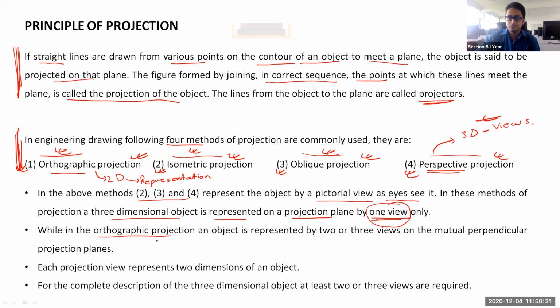While the orthographic projection that we use to draw is represented by 2 or 3 views, that is the front view, top view, or side views. Okay, how many views will we have? Suppose one simple component, a simple cuboid, I have kept in my hand.